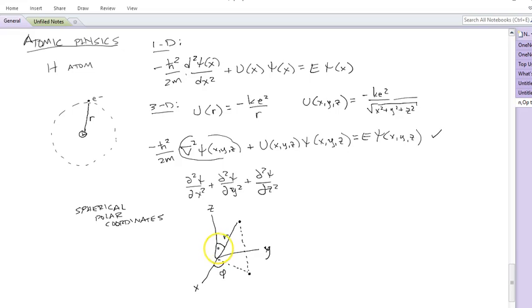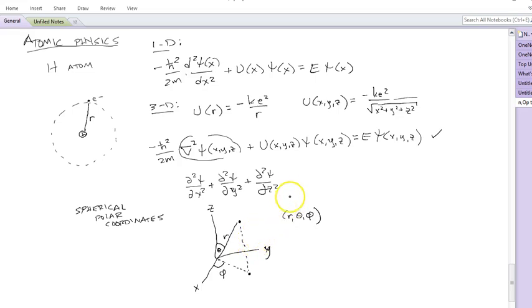And in physics, we call that angle theta. Mathematicians call that angle phi. I know, it's confusing. Okay, so your coordinates are r, theta and phi, instead of x, y, z.